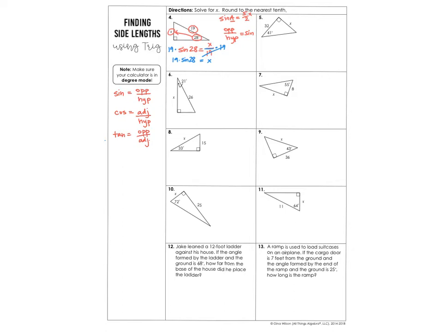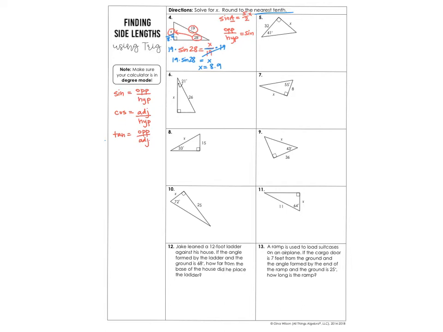It's going to open a parentheses, and you're going to put 28 in that parentheses. Then you need to end the parentheses before you press multiply by 19, and it should give you something like 8.919959693. We're going to round that to the nearest tenth because that's what our instructions say. So x equals 8.9. What that tells us is this side is 8.9.